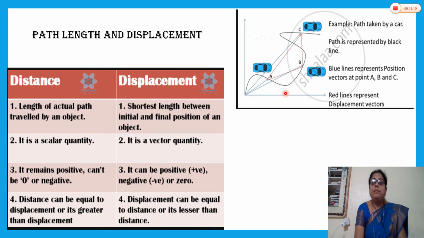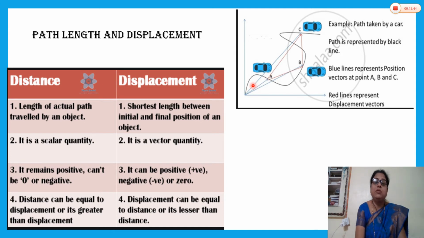The blue line represents position vector and path is represented by the black line. So see here, suppose this is your actual path by which the car is moving at different positions. At position A the car is here, at position B the car is here, and at position C the car is here. The blue line here, the vector from origin to point B, gives the displacement up to point B. Displacement up to point A from origin is given by the vector OA.